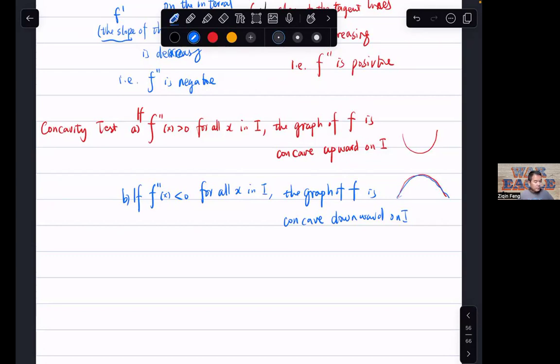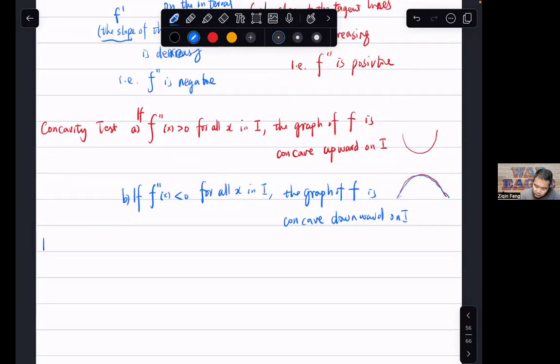And also another thing here is if the concavity changes at a point, going from positive to negative, then for sure at that point the concavity will change. If the concavity changes, that point is called an inflection point.